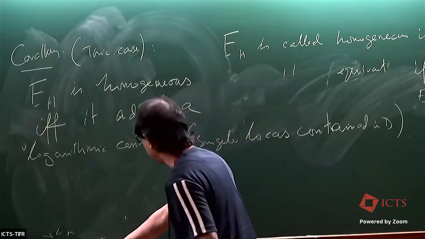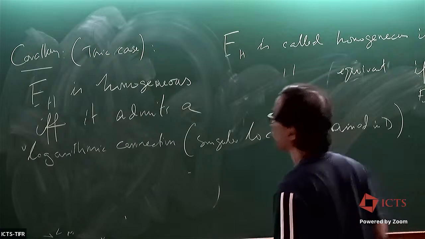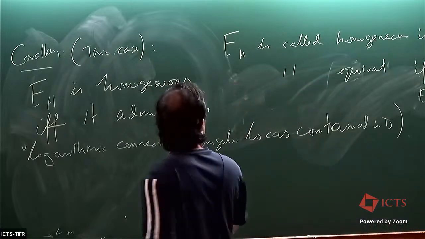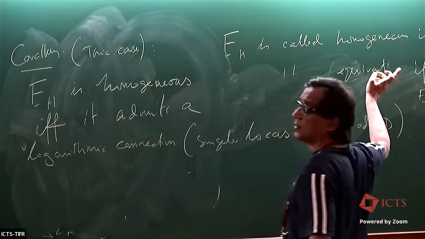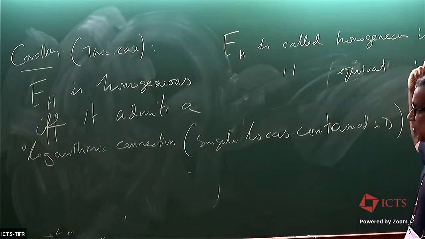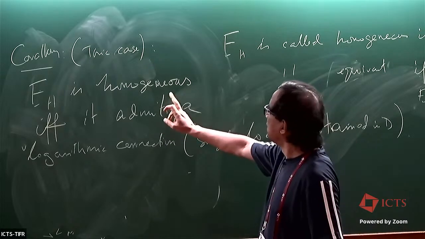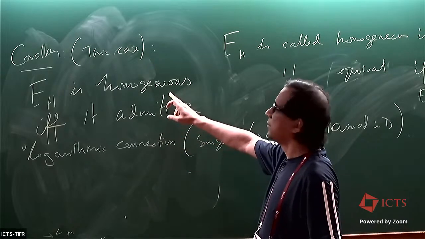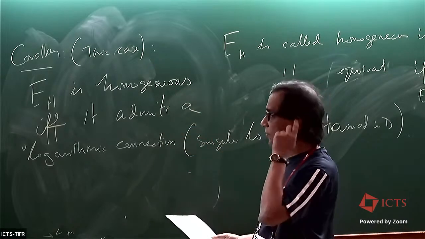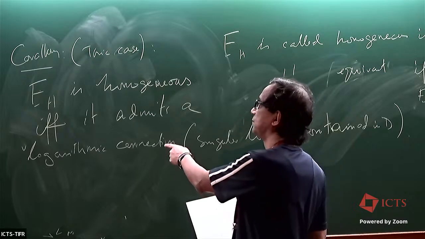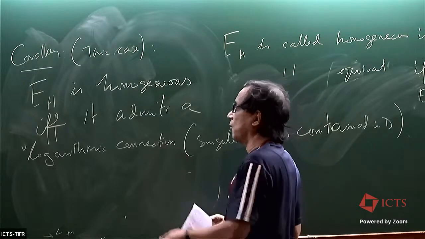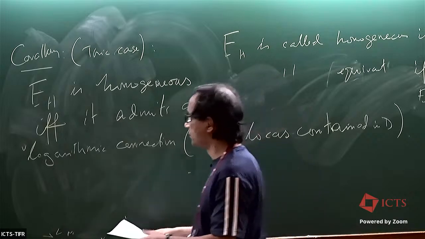Now I'll state a theorem. You noted that equivariant is a stronger condition than homogeneity. So we say that if and only if it admits a logarithmic connection, then it is homogeneous. But I have to make an assumption.